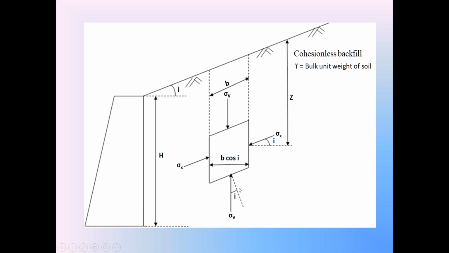Now, to prepare the equation for the active earth pressure for this condition, the inclined backfill, first prepare the Mohr stress circle by using the principal stress sigma 1 and principal stress sigma 3 of this backfill. To prepare the equation for the active earth pressure for the inclined surface of the backfill, prepare the Mohr stress circle by considering the principal stress sigma 1 acting on the element and the principal stress sigma 3 acting on the element.